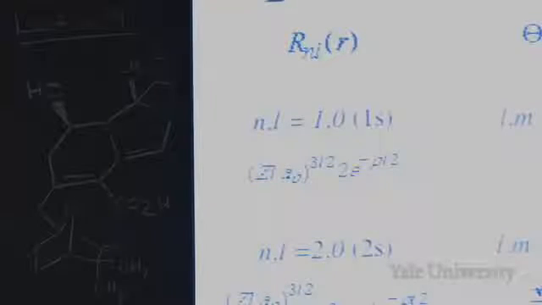or 1. Or no, actually, wait a second. If L is 0, then M has to be 0, it says in the second column. Does everybody see that? You see up at the top? It says if L is 0, then M can be 0.